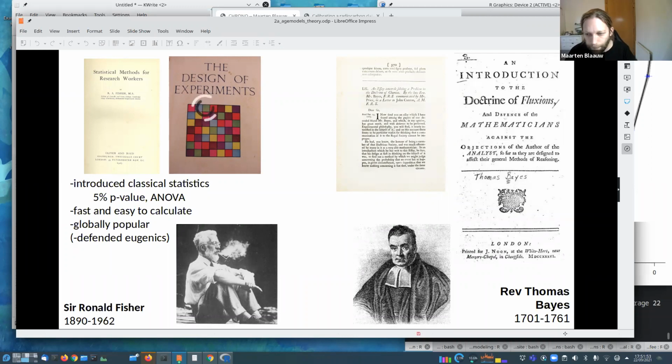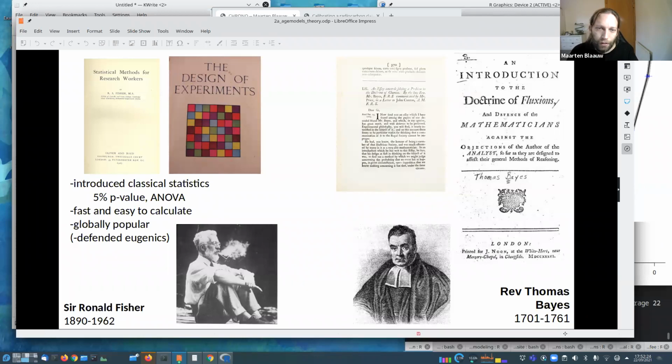but go more for Bayes. So Bayesian stats was developed quite a bit earlier than the classical statistics, in the 1700s, by Reverend Thomas Bayes. And in his lifetime, he published only two or three papers. Yeah, very low on the citation scale. He was mostly working on religion, but also a bit on mathematics.